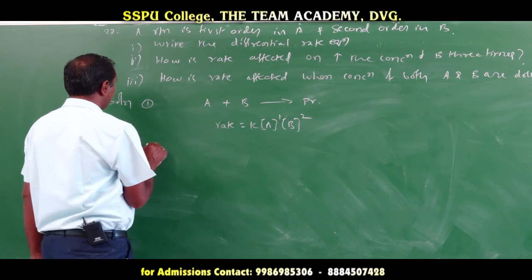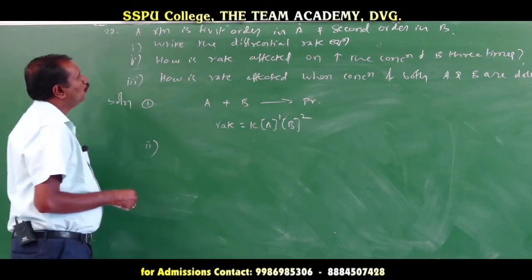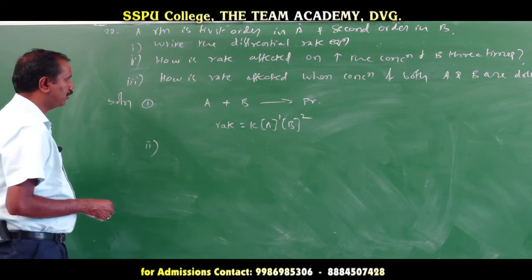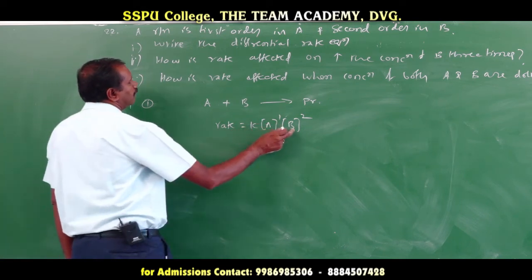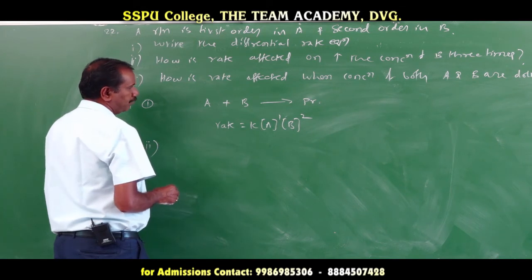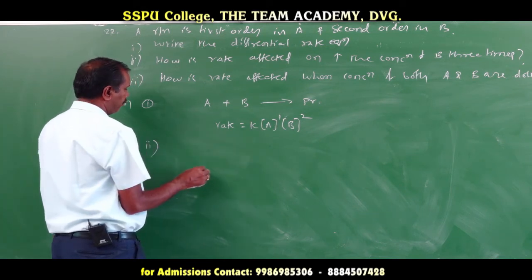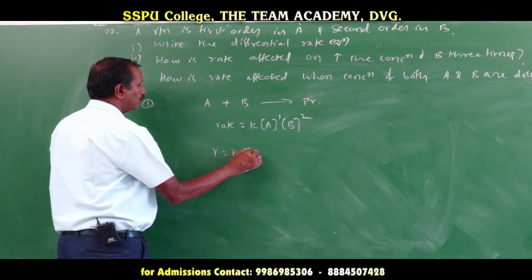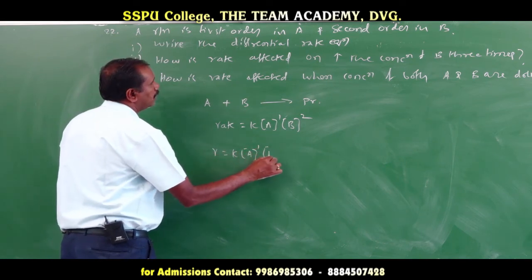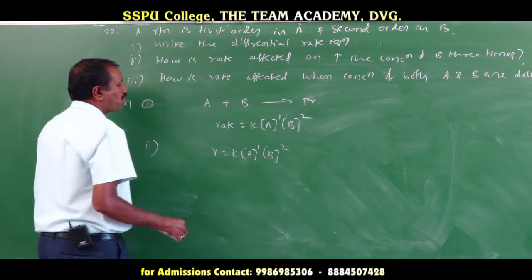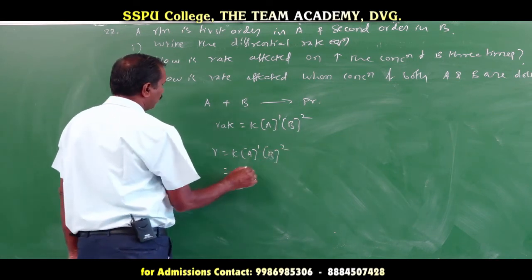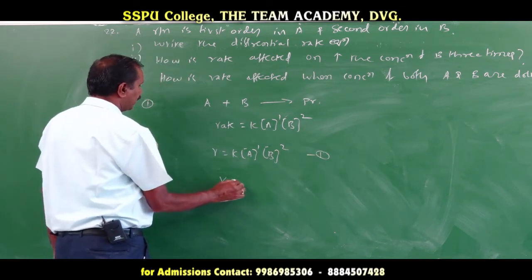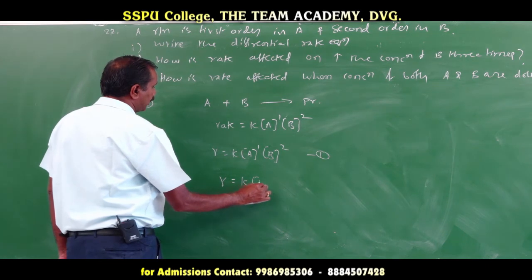So then second question, how is rate affected on increasing the concentration of B 3 times? If we increase the concentration of B 3 times, where rate equals k into A to the power 1, B to the power of 2, this is 1.